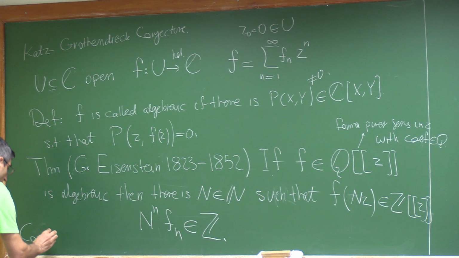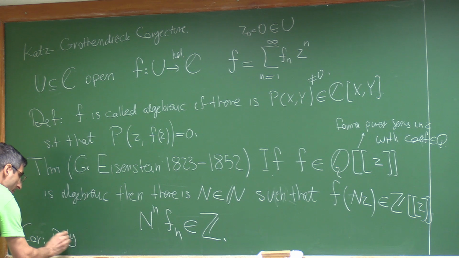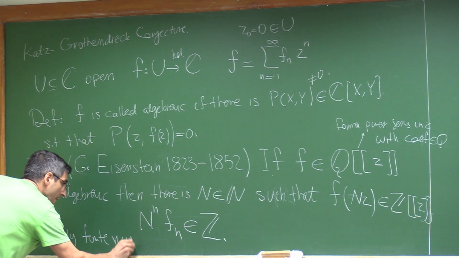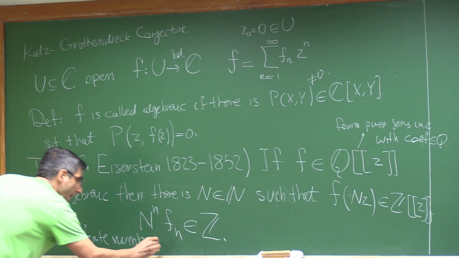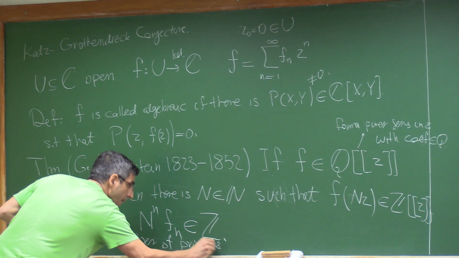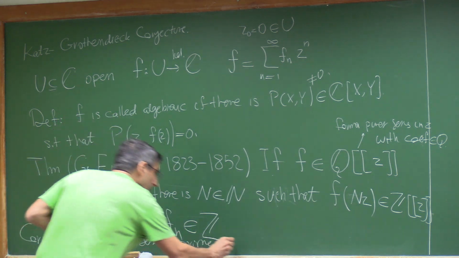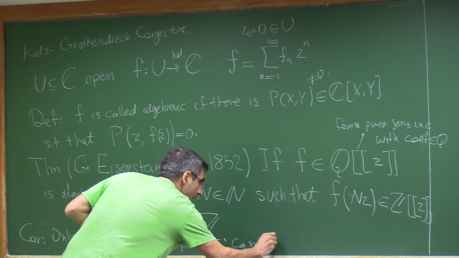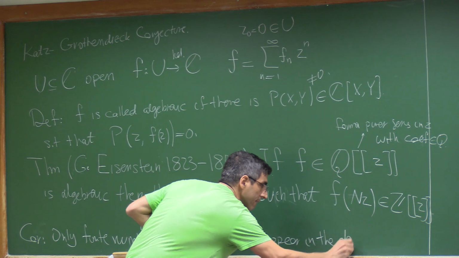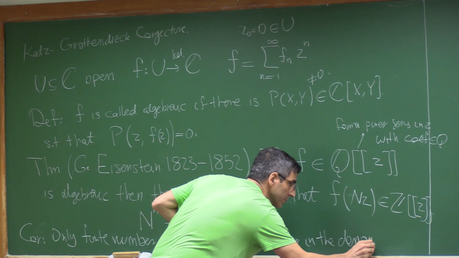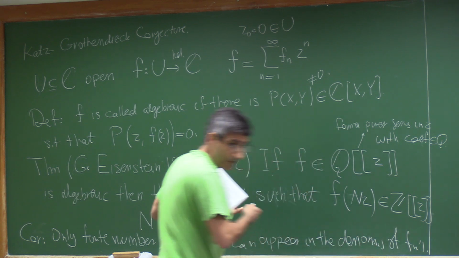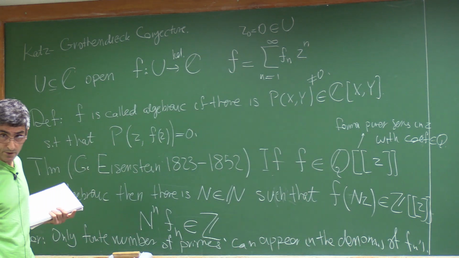Only a finite number of primes can appear in the denominators of the f_n's. And f_n is an infinite sequence of rational numbers.